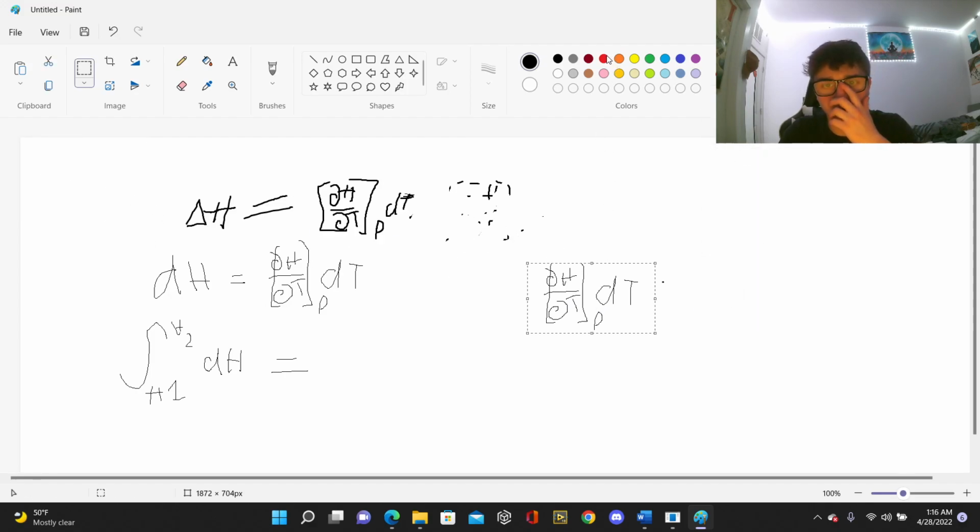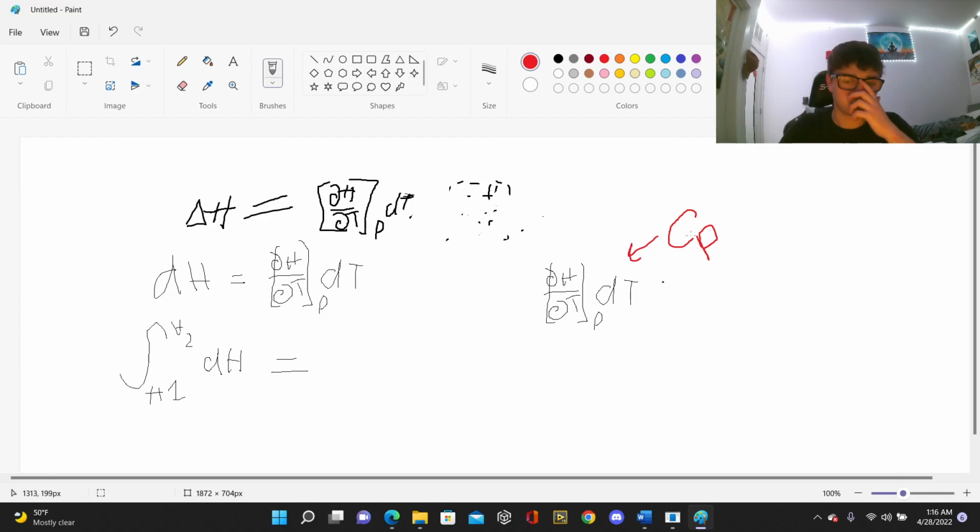This is going to be known as our CP value, which is our specific heat at constant pressure.